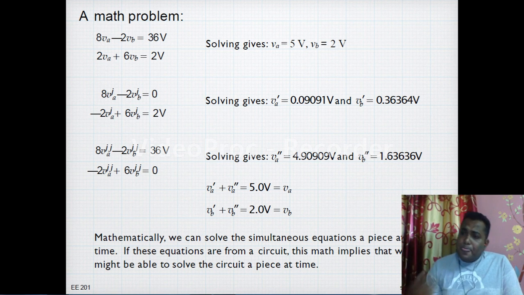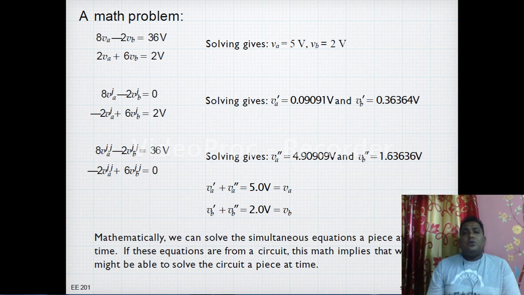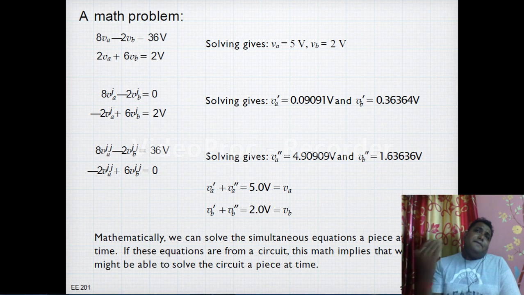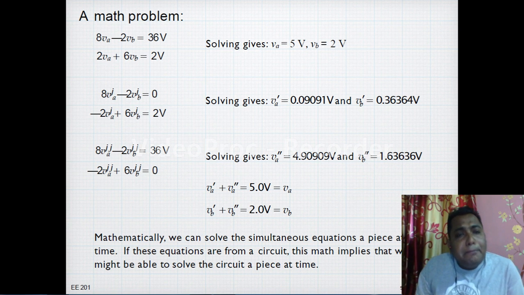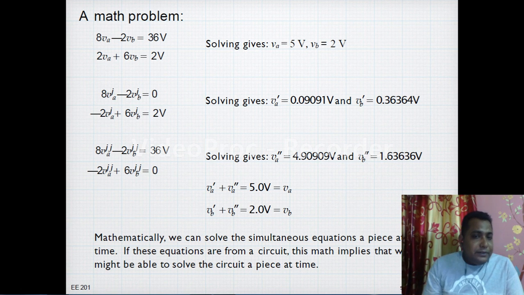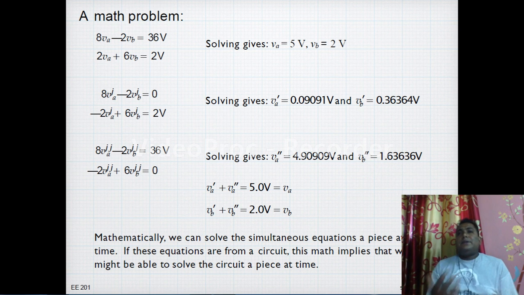Correct? So if we know the mathematical background to solve any function or equation, and if any circuit, any mesh, any loop, or any node can be represented like a function or an equation, then we can solve it and find the result for that particular circuit.